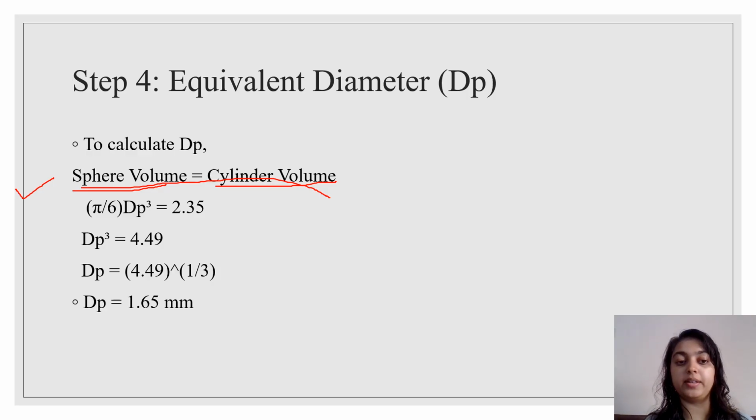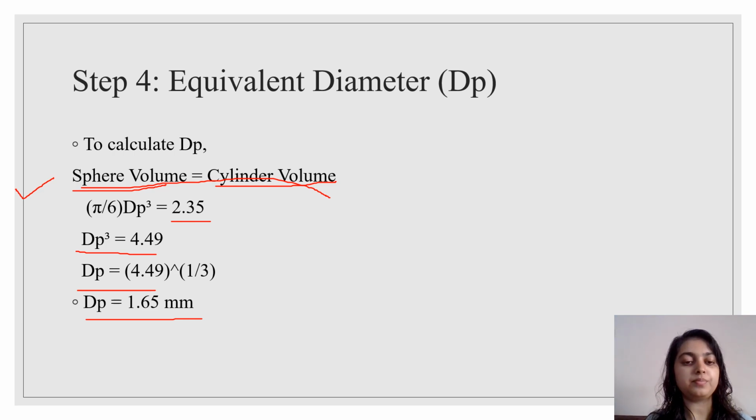The sphere volume in terms of diameter is what? Pi by 6 dp cube. The cylindrical volume we have calculated in step number 3. So take the value of cylinder volume, that is 2.35. Now you will get dp cube and then dp. So step number 4 is the equivalent diameter of your particle.